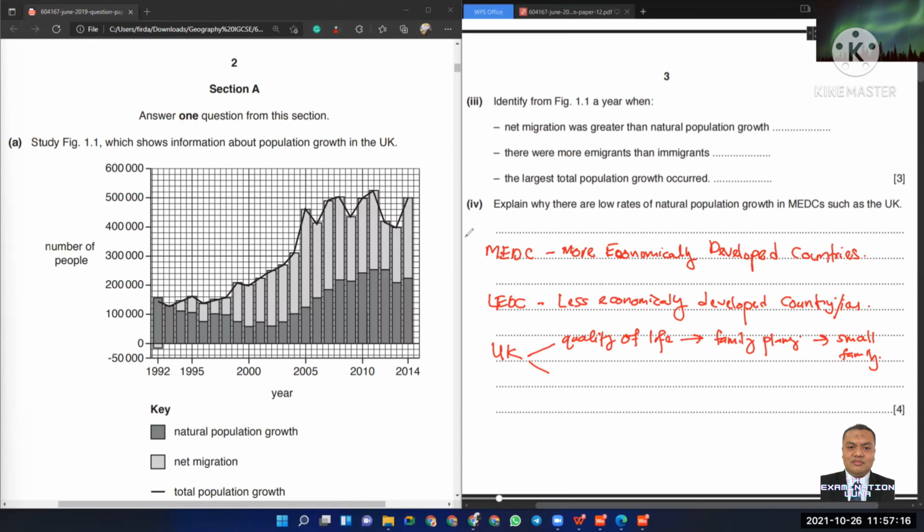Okay, therefore, when we talk about why there are low rates of natural population growth in MEDCs such as the UK, you need to remember one thing: they are more economically developed. And then what happened here is they have low fertility rates because the woman gets married later in life, or maybe they don't get married at all.